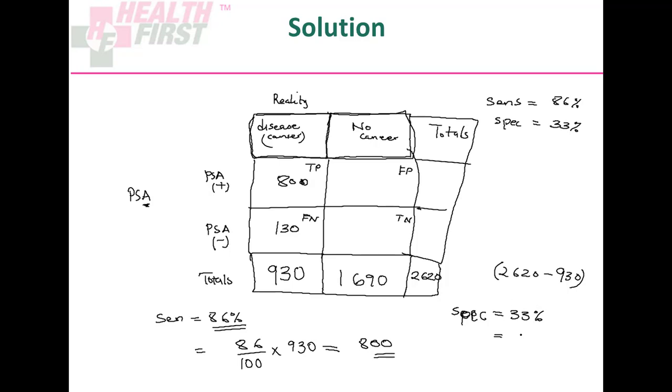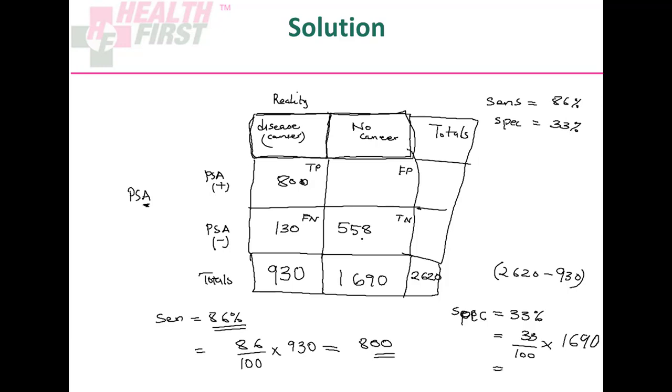So that will give us 33% of 1690. That value comes to 558. Remember, you have to round these figures to the nearest whole number.